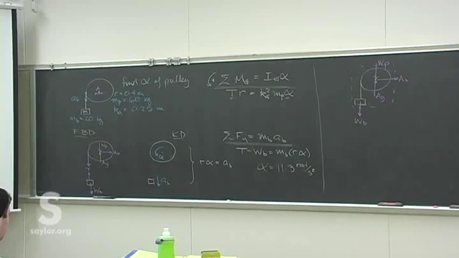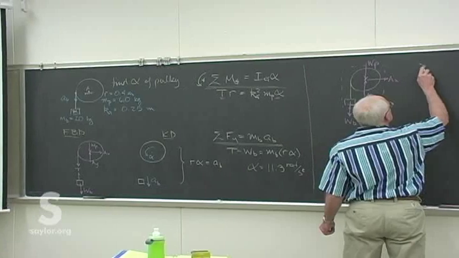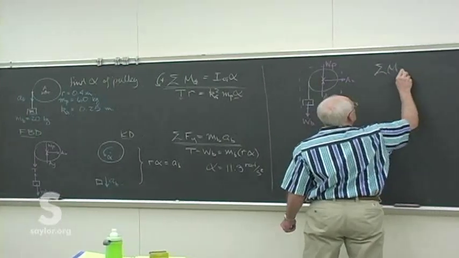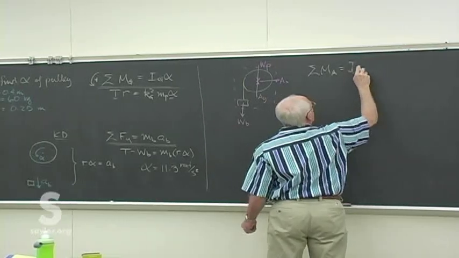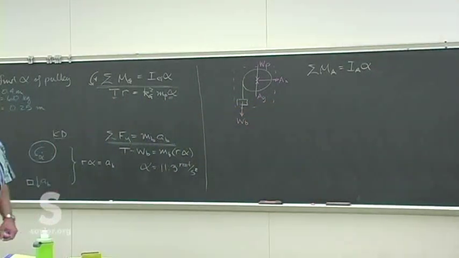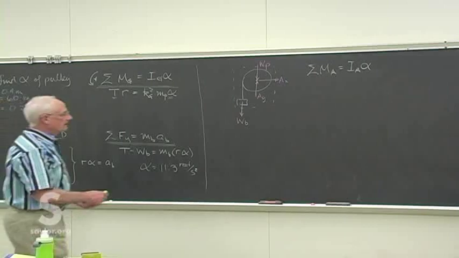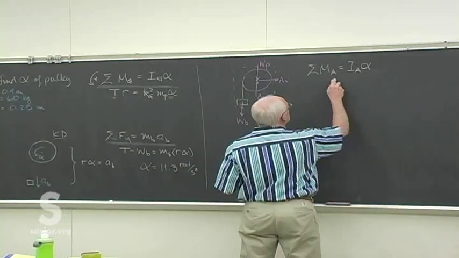Since we don't want those, it makes sense again to sum the moments about that point. Where this is of the entire system, we can make it a little bit simpler.